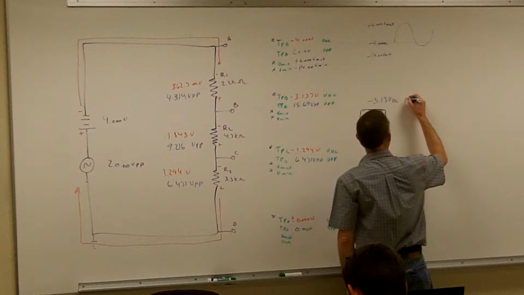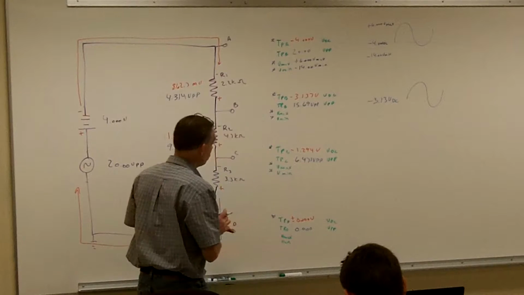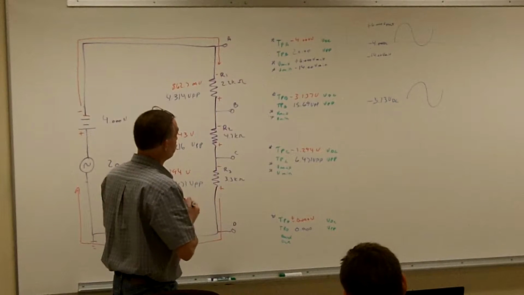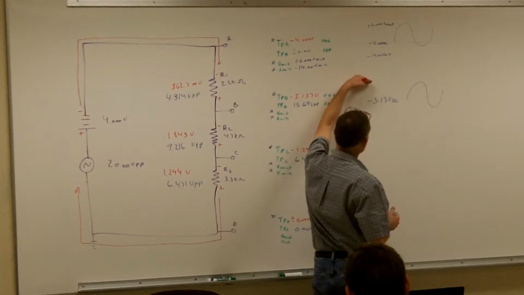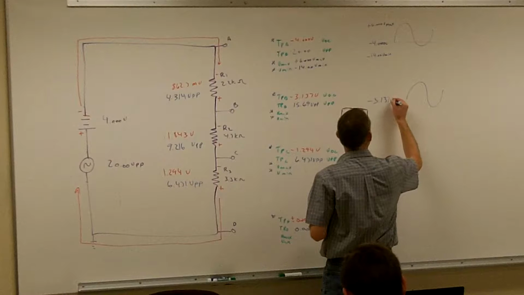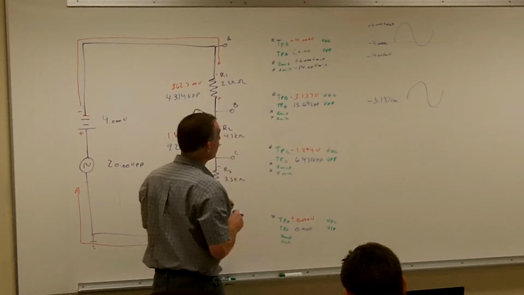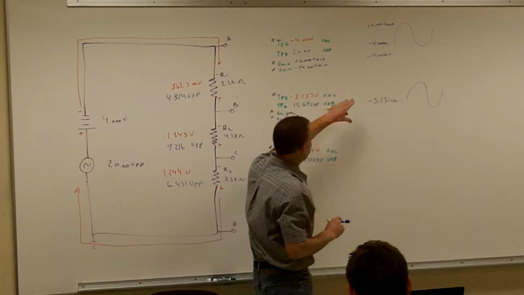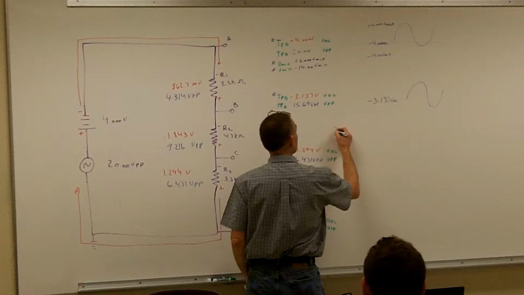And my AC signal is going to be riding on that. Okay. So how much voltage am I going to be riding above my 3.137 volts DC? Oh, 317. No, I got plus 4. Okay, so what's my voltage peak? 7.845 volts.